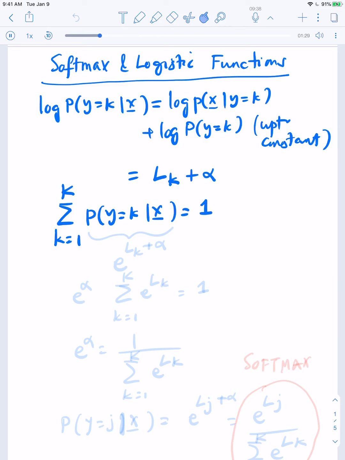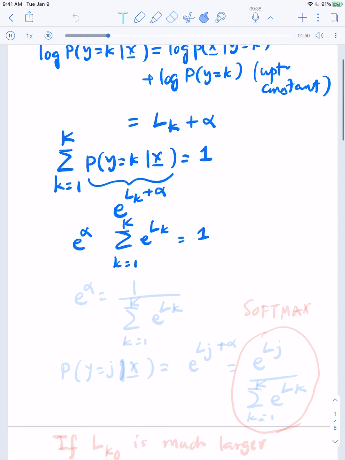And from that earlier equation, I know that these are e to the L_k plus alpha. So alpha has to be what it has to be, right? E to the alpha comes out, and then I have the sum from k equals 1 to K of e to the L sub k, and that product has to be equal to 1.